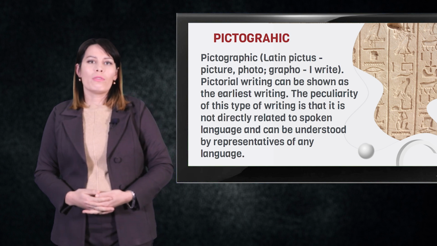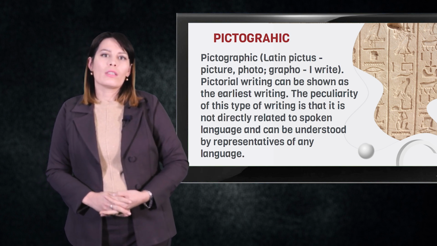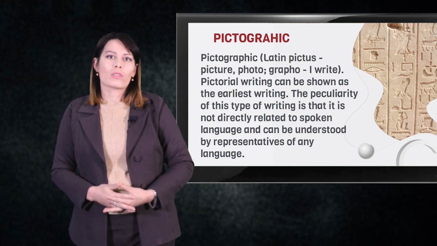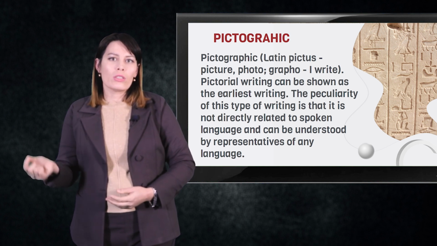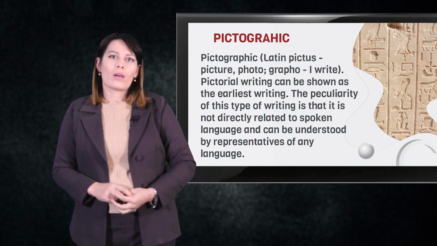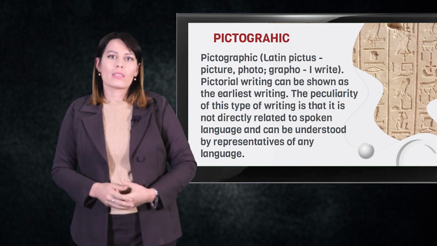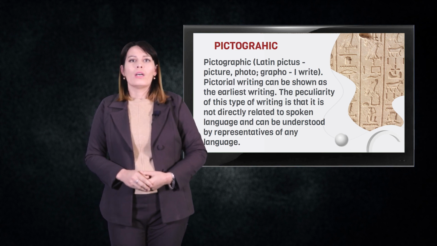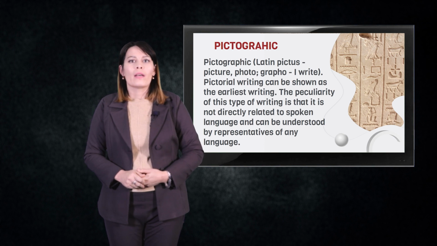For example, if people wanted to express the hunting process, they would draw the hunter, and next, if the hunter caught an animal, they would draw the animal. This is a simple version of this type of writing.